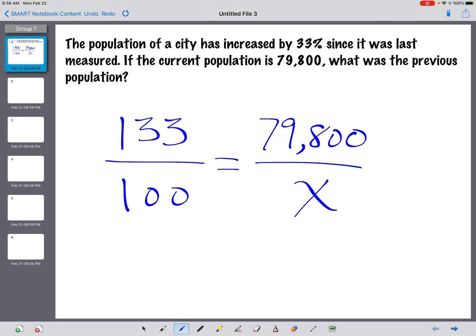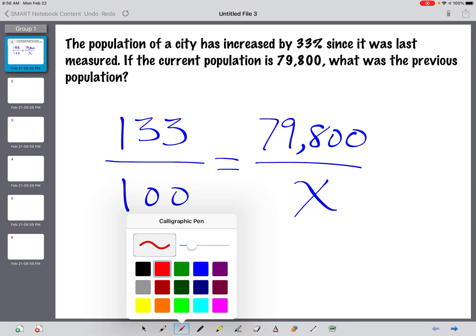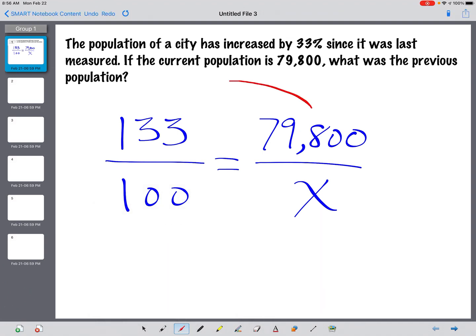So basically, if you now read this proportion all the way around, we can say that 79,800 people represents 133% of what it was last year. And so this proportion will be able to solve the question of how many people there were in the previous year. And you're just going to use cross multiplication and division here, of course.